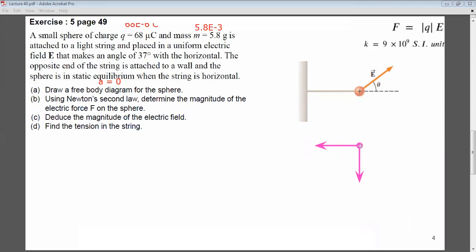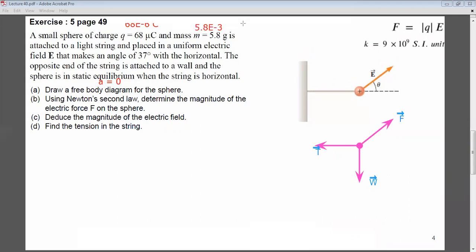The charge is positive, which implies F and E are in the same direction. Okay, so this is F. This is tension. This is weight. Okay, so this is the free body diagram.